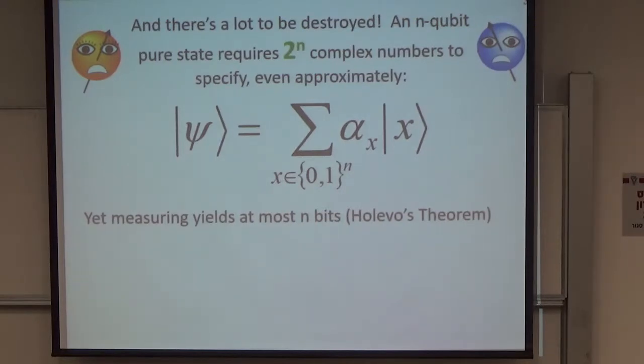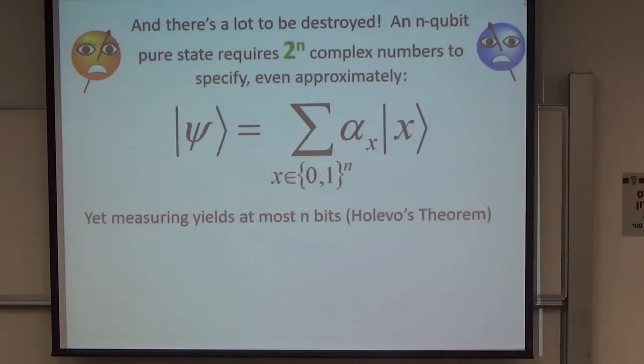It basically says there's no way to use qubits to get a general purpose compression of classical information. If the sender and the receiver have pre-shared entanglement, then you can get a compression by a factor of 2, but no more than that, even in that case.